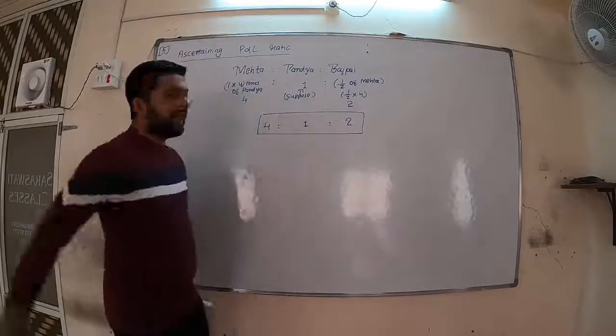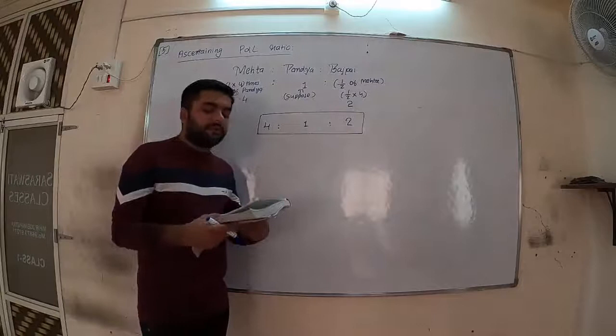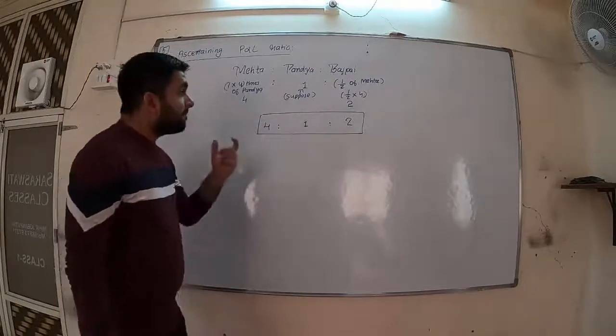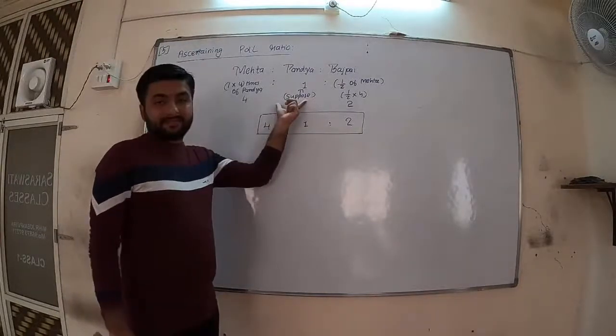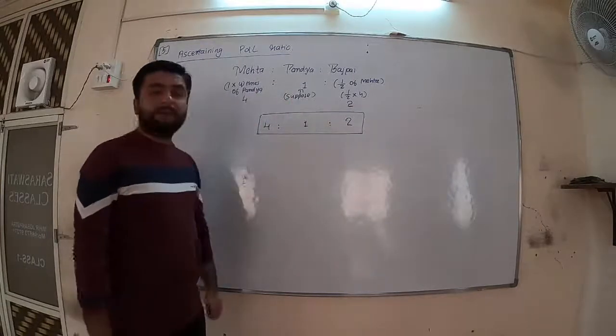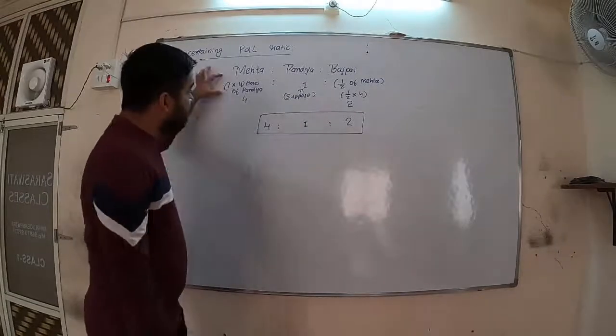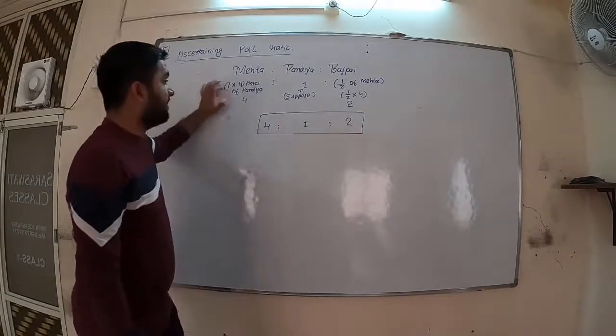Okay? So how do we ascertain this ratio? Mehta receives his share 4 times of Pandya. Pandya will be the base. Why? Mehta is receiving his share 4 times of whom? Of Pandya. So supposing Pandya has 1, he is receiving 4 times of Pandya, 1 into 4.